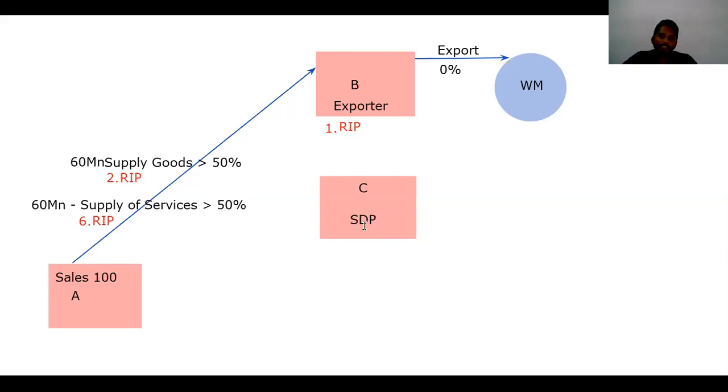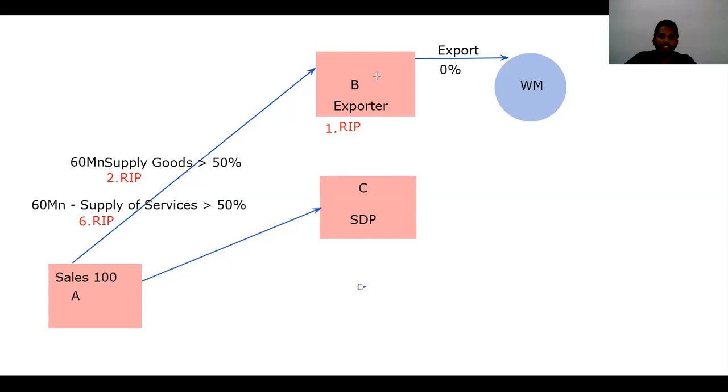Then they registered as SDP, and then let's assume A is making supply to this SDP.